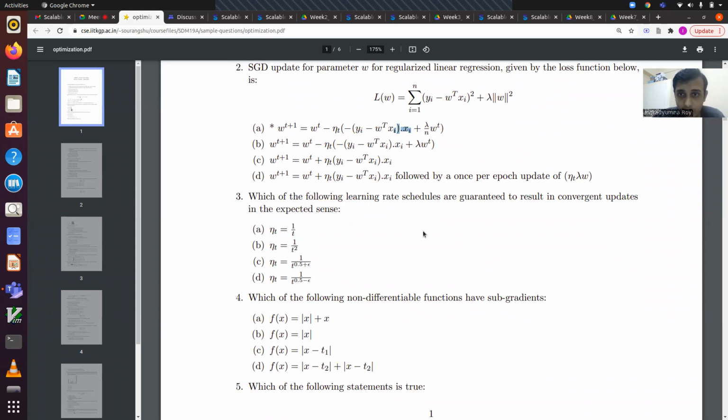So what is the following? Oh, this is what we have discussed, right? Okay, given the following learning rate schedules, which are guaranteed to result in convergence in the expected sense, I have to ask the prof again what that means, or study on my own. But between these two, I feel that, you're right, let me check once.